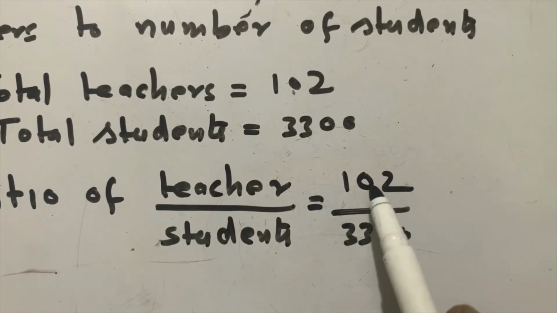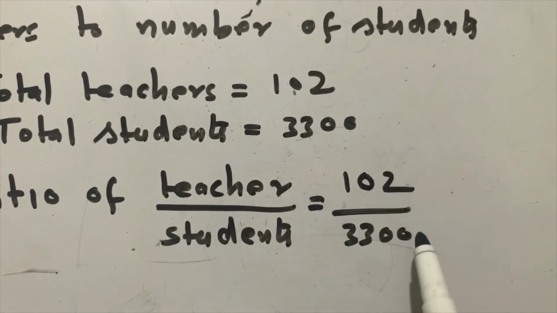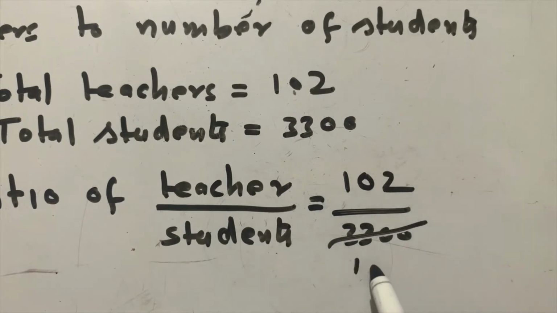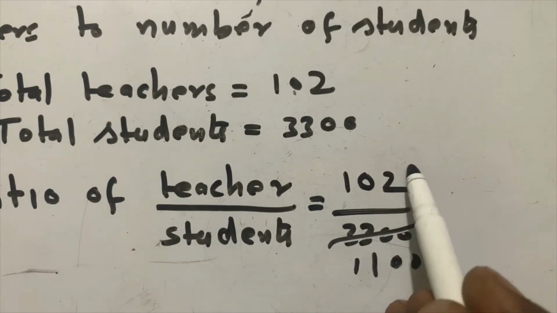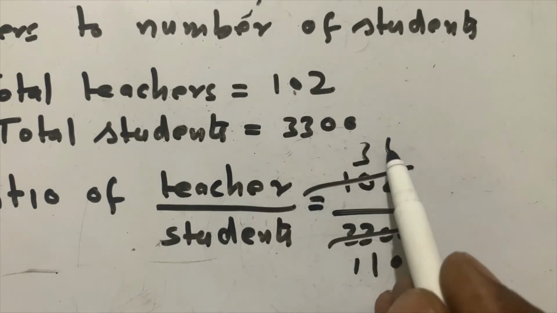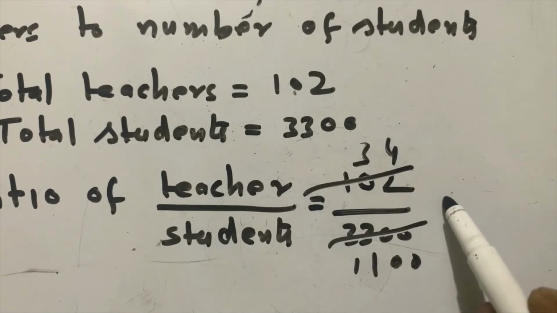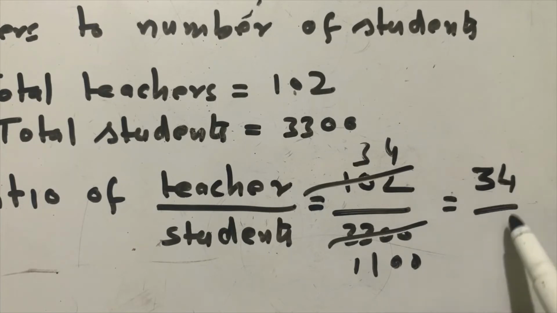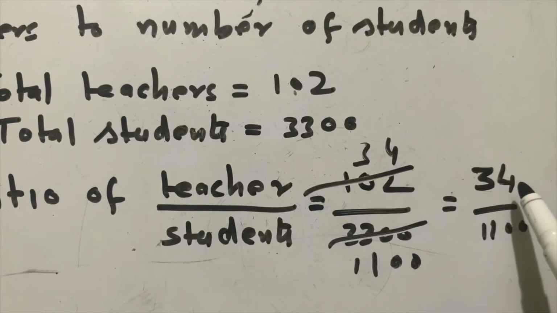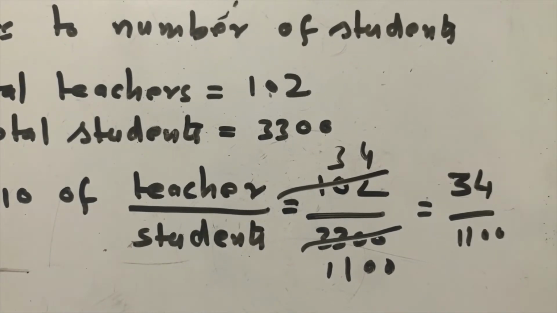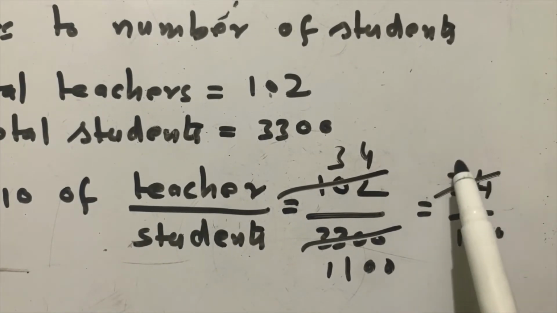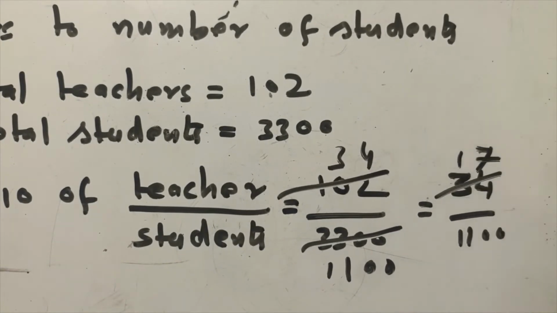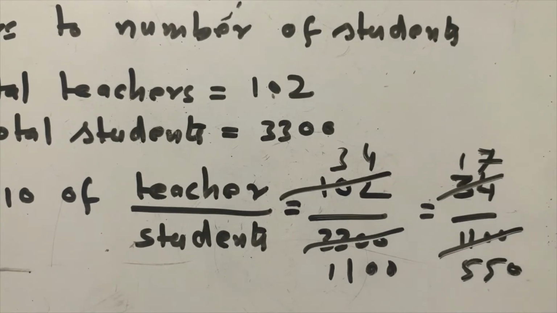Now if we read the table of 3: 3 1s are 3, 3 3s are 9, 3 4s are 12, so 34 upon 1100. Now we read the table of 2: 2 7s are 14, 2 5s are 10.